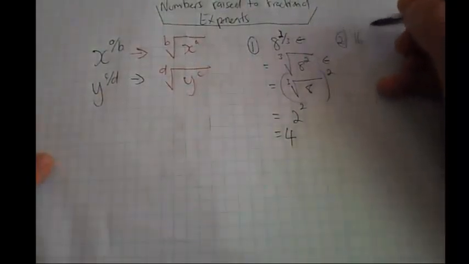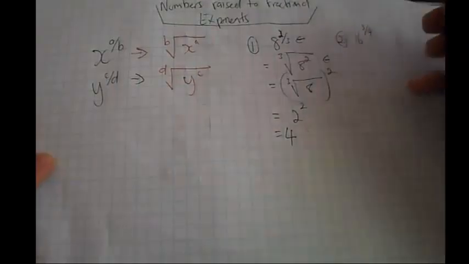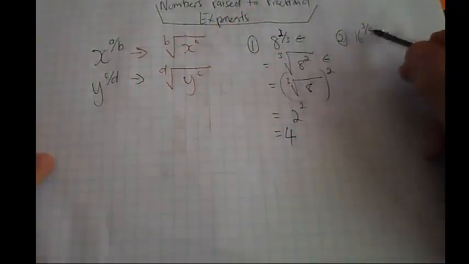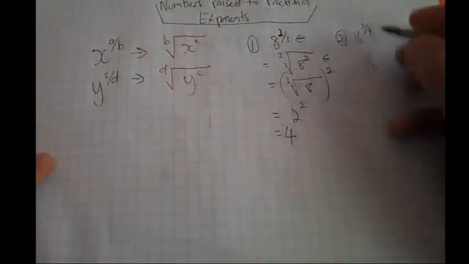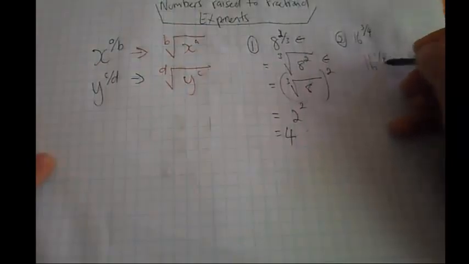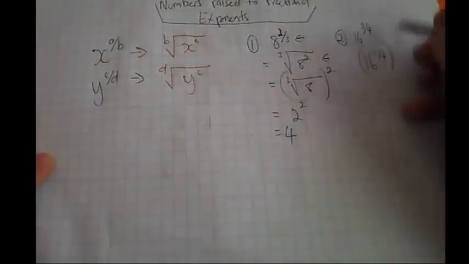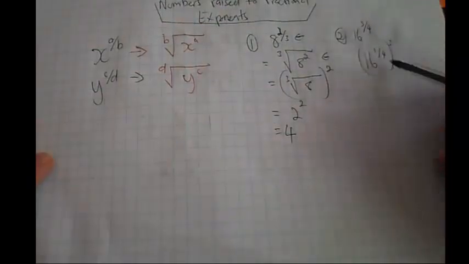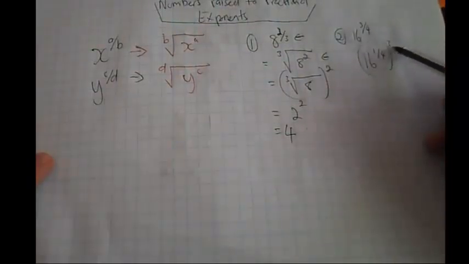Say we have 16 to the power of 3/4. Now I'm going to do this one a little different. First, I'm going to say 16 to the power of 1/4 raised to the third power. All what I did is I took the 3 out and I moved it over here.